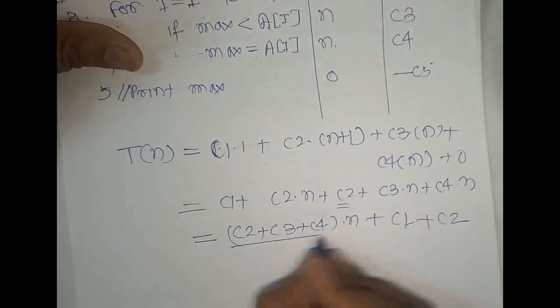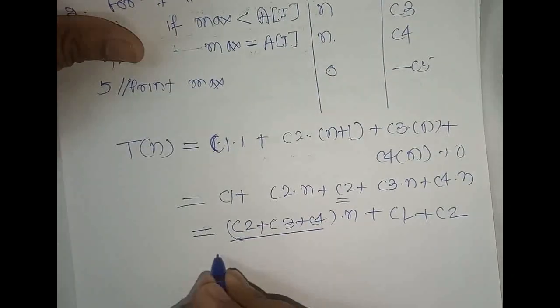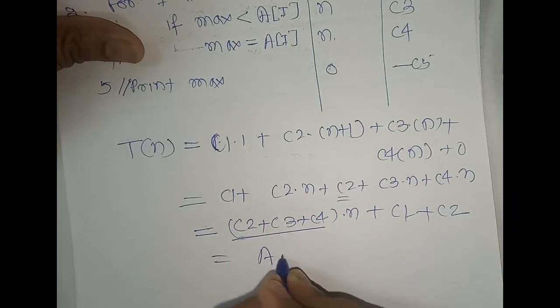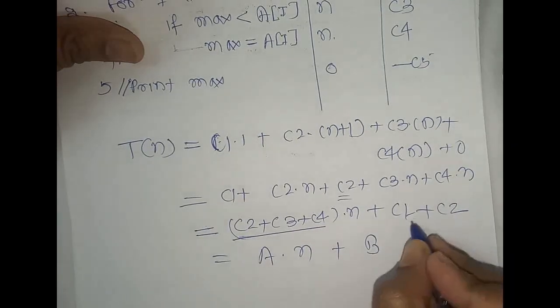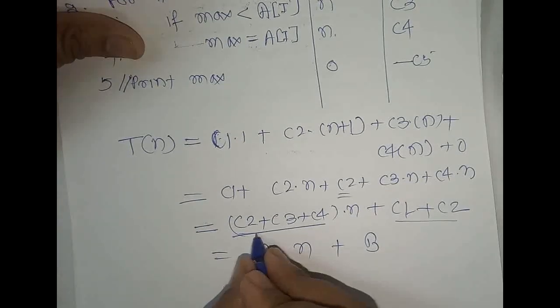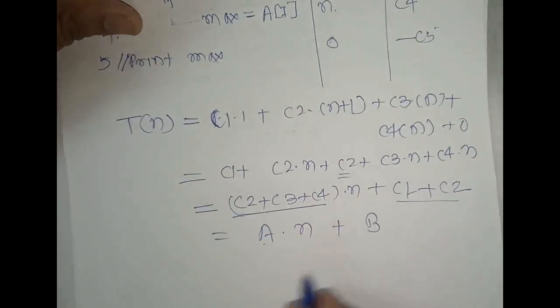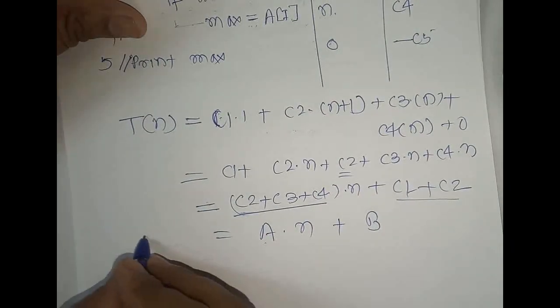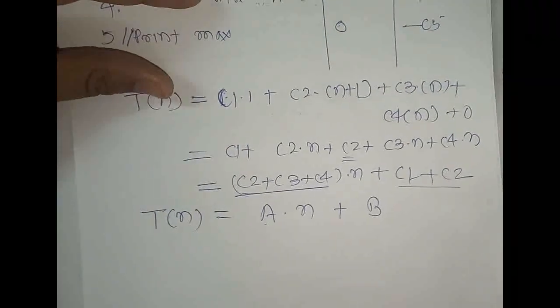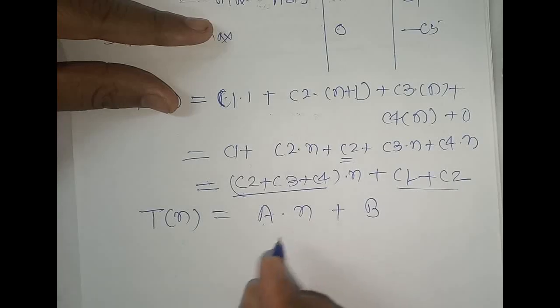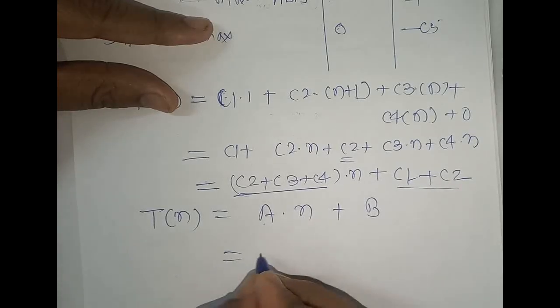So we can give another name to these constants, that is a into n plus b, where b equals C1 plus C2 and a equals C2 plus C3 plus C4. So this is a linear polynomial, a 1 degree polynomial, and we can write the maximum runtime as order of n.